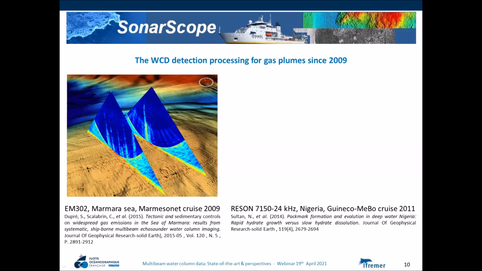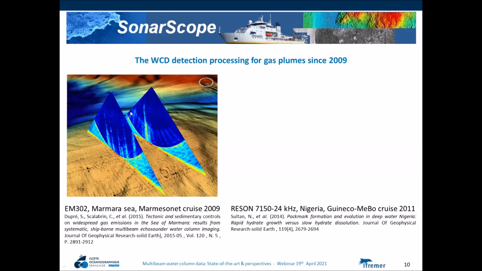The purpose here was the detection and localization of gas emission. During such surveys, the water column data is an essential tool to plan the CTD and AUV dives and so on.